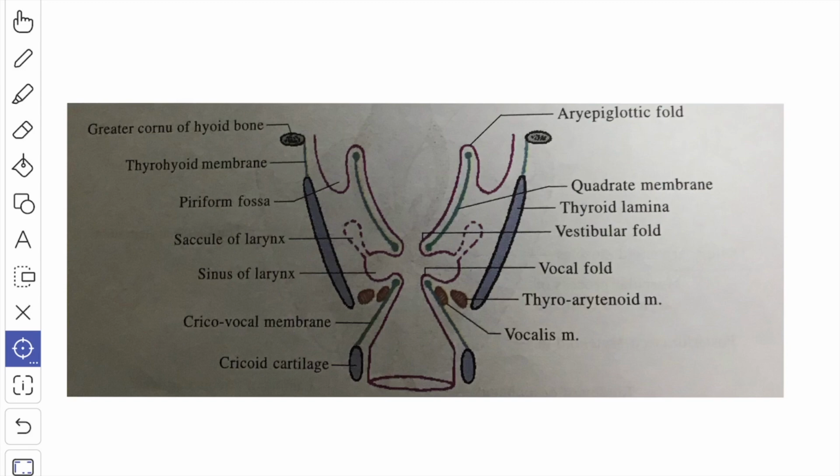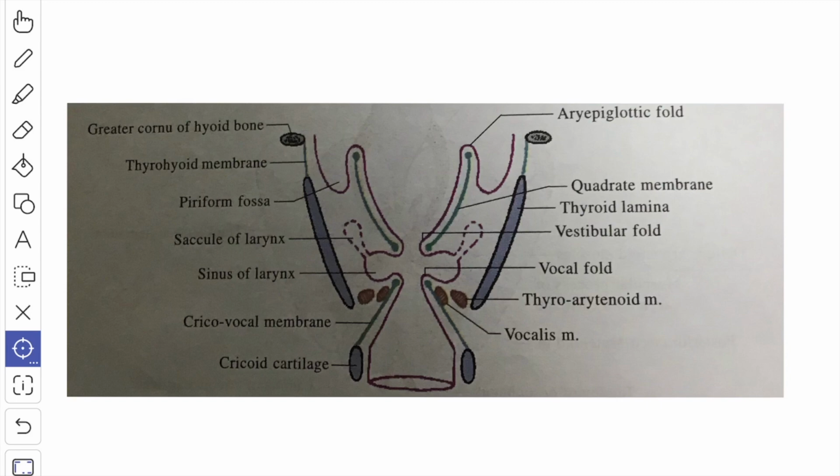The transverse arytenoid muscle presents a double nerve supply by the recurrent laryngeal nerve and the internal laryngeal nerve. The secretomotor supply of the laryngeal gland is derived mostly from the recurrent laryngeal nerve.